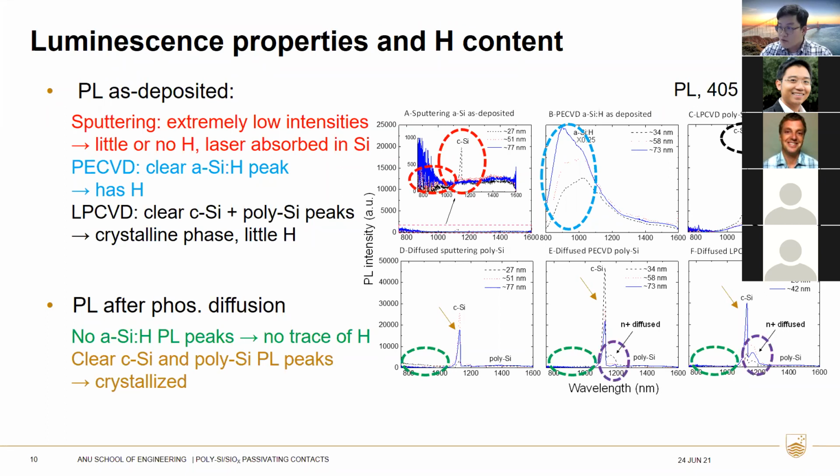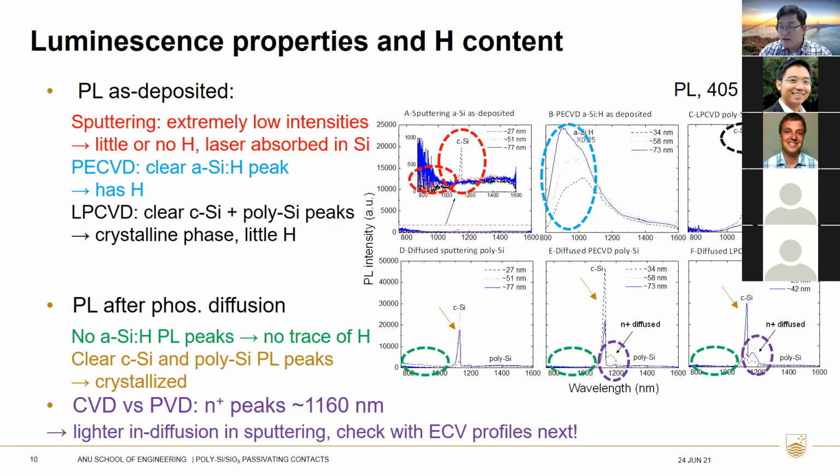We note here a distinct difference between the CVD methods and the PVD method, which is the appearance of the indiffusion peaks located at around 1160 nanometers. In the case of the PECVD and LPCVD samples, there's strong indiffusion into the crystalline substrate. Meanwhile, on the sputtering sample, that's very minimal. This can be checked with the ECV profiles in the next slide.